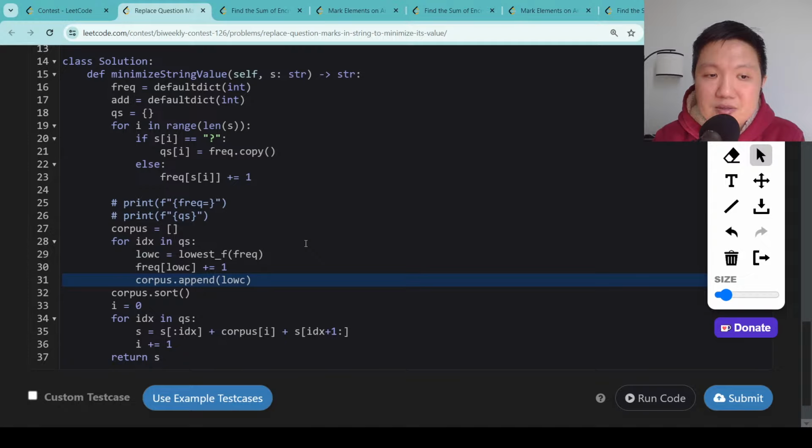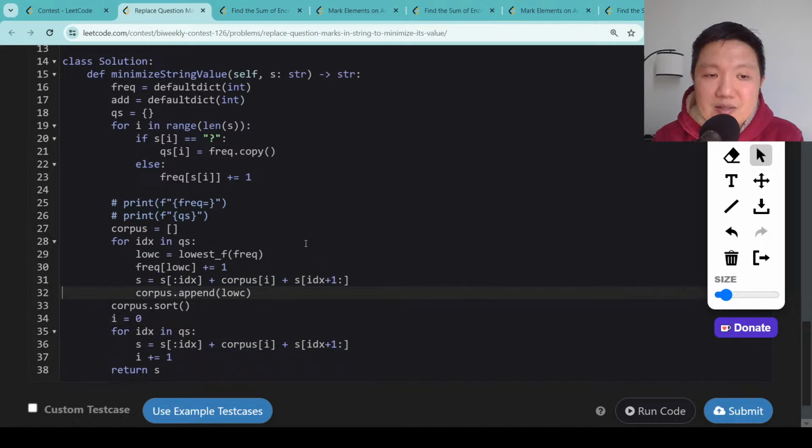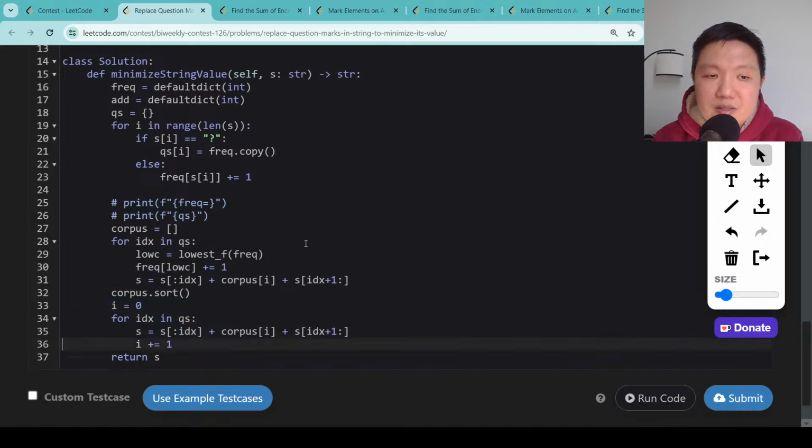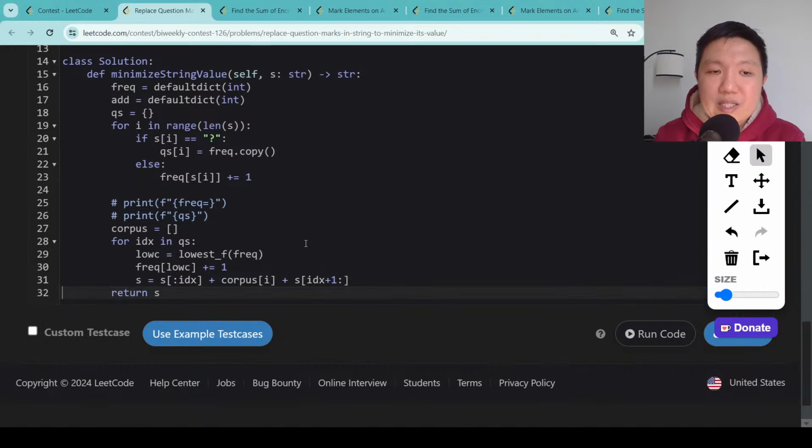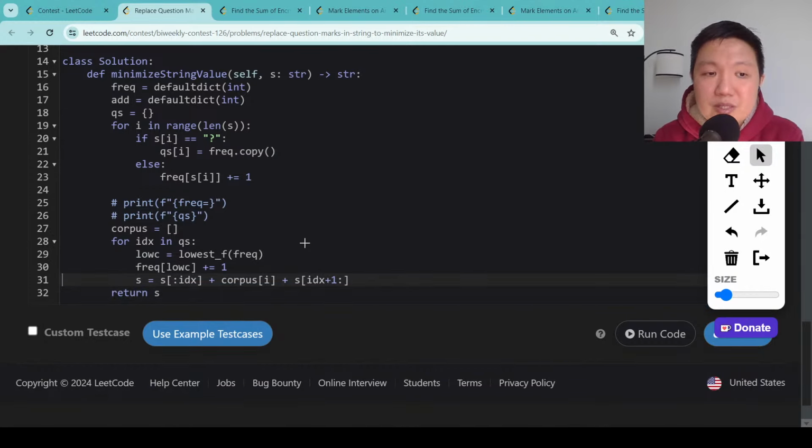Originally what I did was something like this, which I think some of you also did. I found the lowest frequency letter, increased it by 1, and then just stuck this letter inside to replace the question mark.